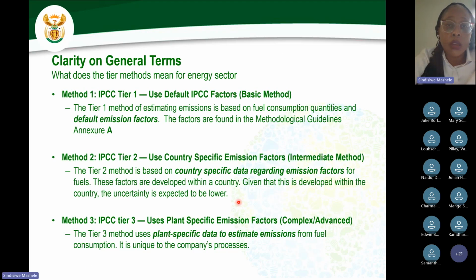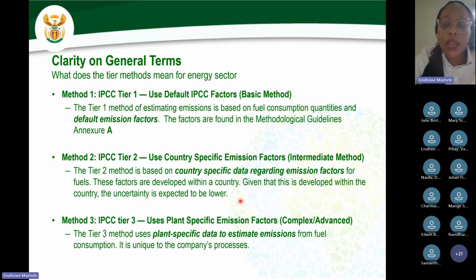So for combustion activities, tier 1, similar to the land sector activities, means that you are using default emission factors to estimate your emissions. Tier 2 means that you're using country-specific emissions data, and tier 3 means you're using plant-specific data in the system.